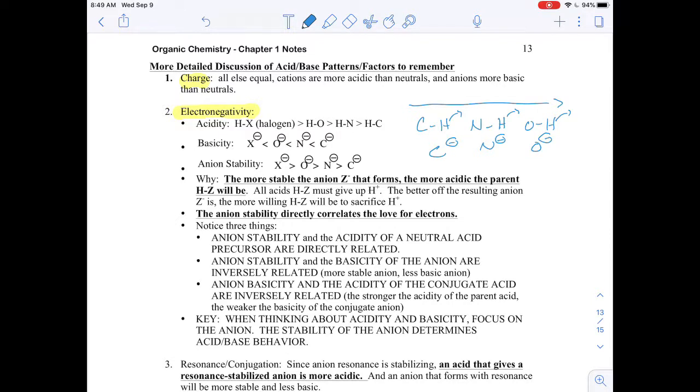Well, this is based on anion stability. I want something that's more stable. So this would be the most stable because it's the most electronegative, and it has a negative. And you can read all through that. Again, applying it is the most important part right now.